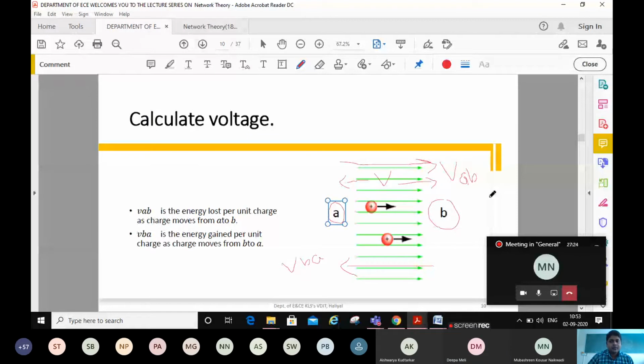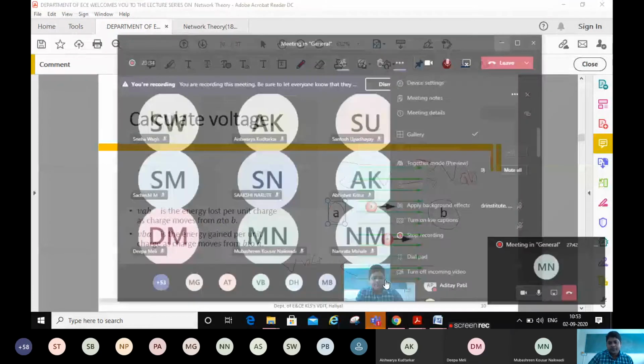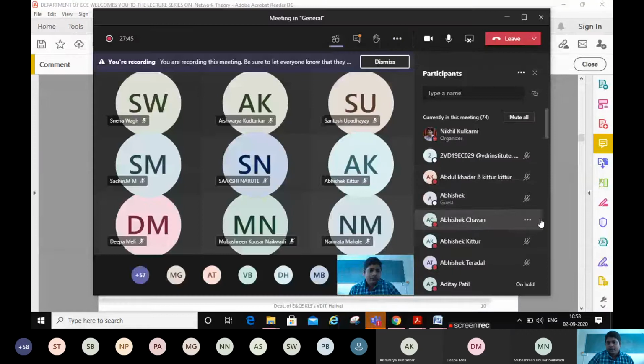We already know the direction of the charge and the direction of the field. If they are in the same direction, the charges will lose energy, right? If they are in opposite directions, they will gain energy. So please, can anyone tell?